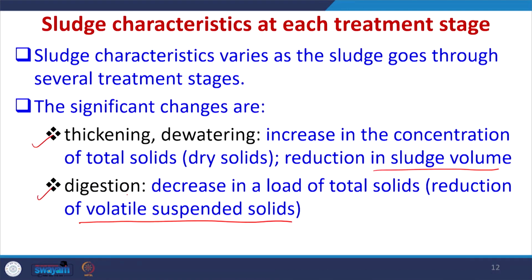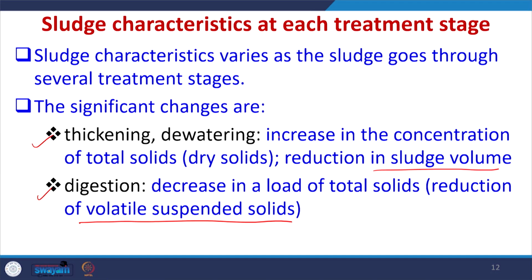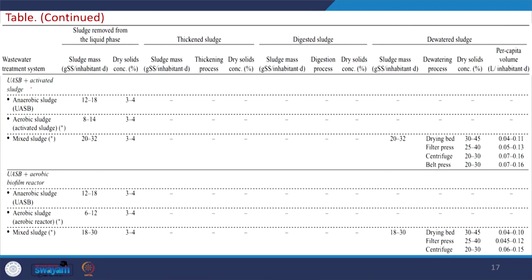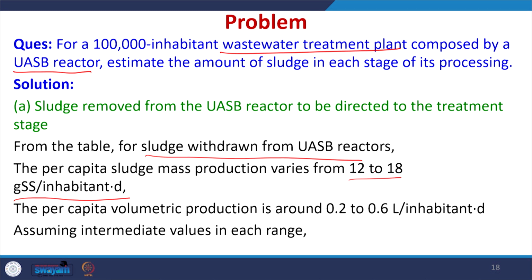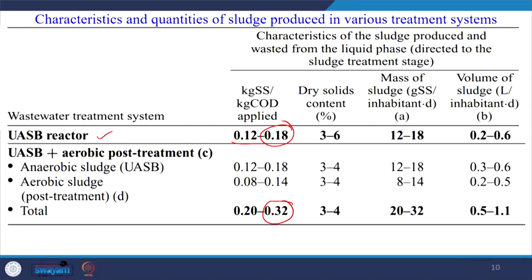We can cross check this here for the UASB reactor, you can see 0.12 to 0.18. So, this data is taken here: 12 to 18 gram SS is produced, this data is for the UASB reactor, the mass of sludge in gram SS produced per inhabitant per day.